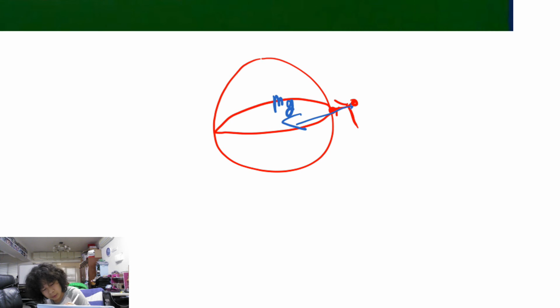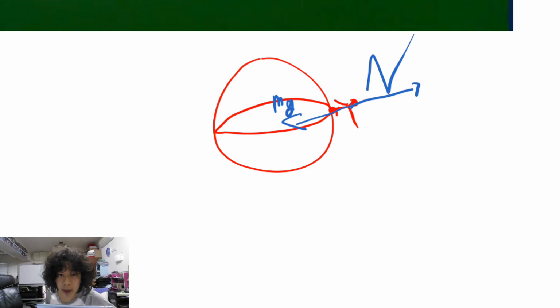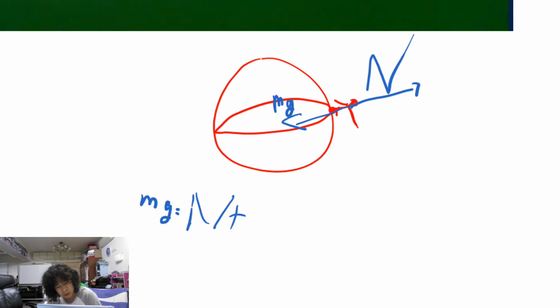So if you stand right on the equator, right here, you will get mg, you will get the N, while you will also know that mg equals N plus m times AC, right?